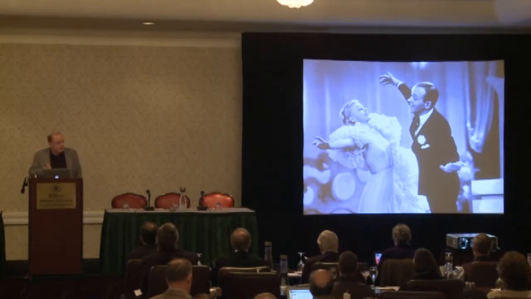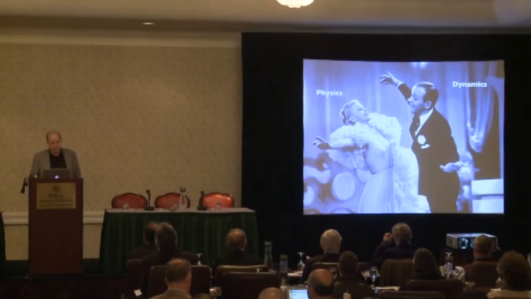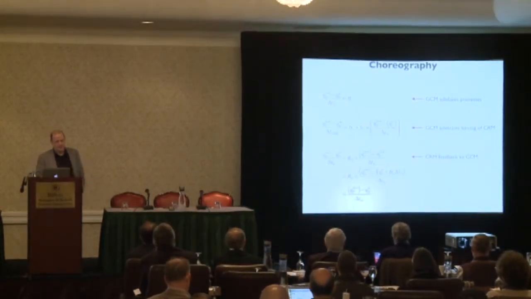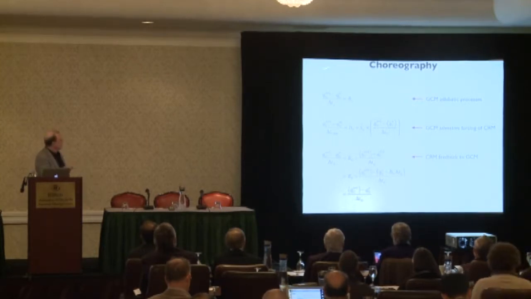So when someone asked me how a GCM works, I showed them this picture. Physics and dynamics, okay? It's a dance, forcing and feedback. And this is the choreography, just in a simple way. So the GCM variables with the subscript G are time step forward.